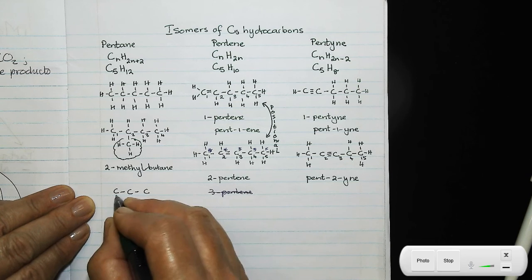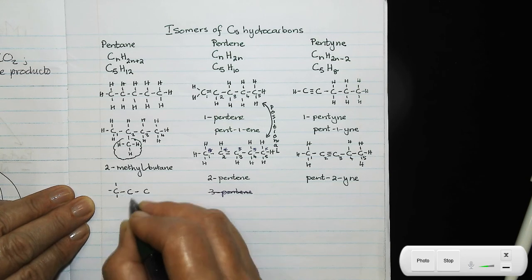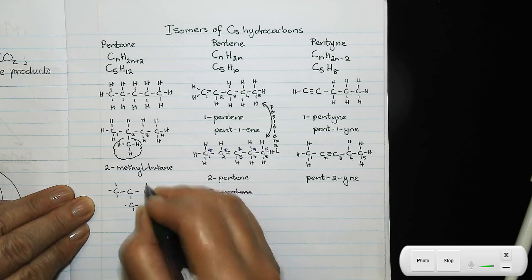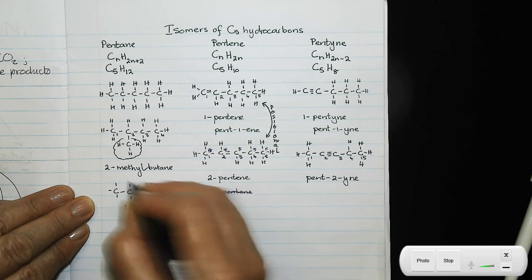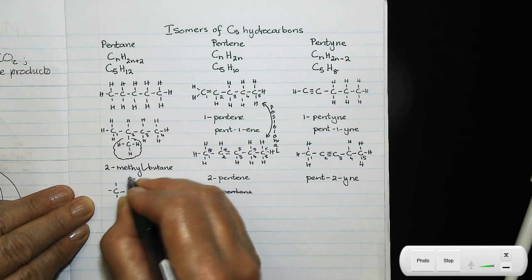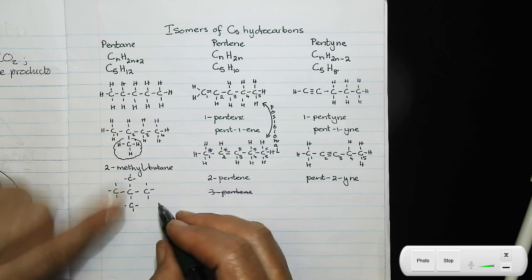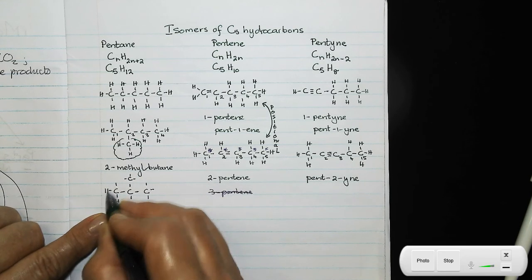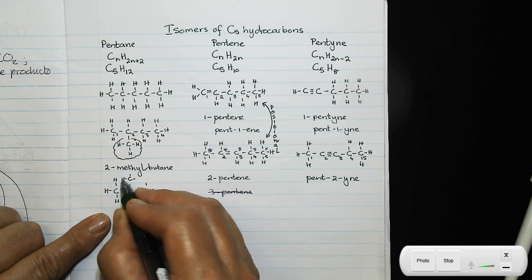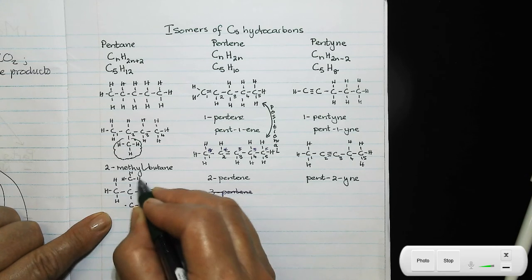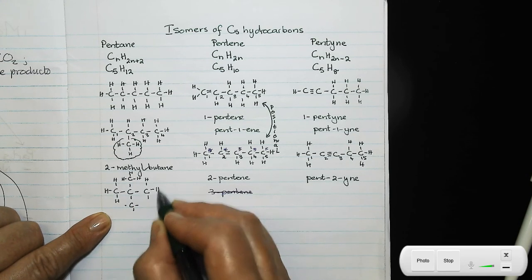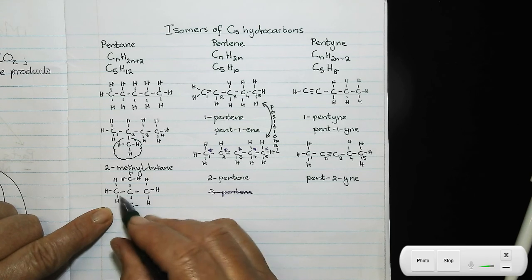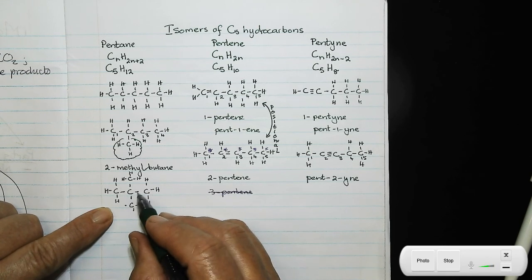The 3-carbon chain will have a methyl group here on the 2nd carbon, and I can place another on the same carbon above. So here I've got 2 methyl groups on the middle carbon in the 3-carbon hydrocarbon. I can't place that methyl group on the 3rd or the 1st carbon, because that will then just still be a butane.